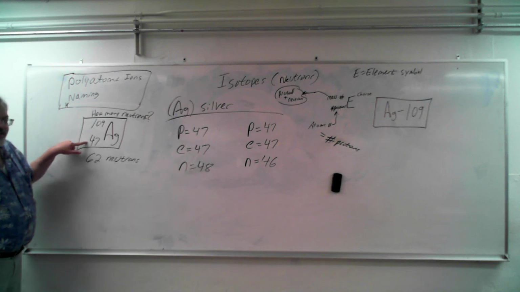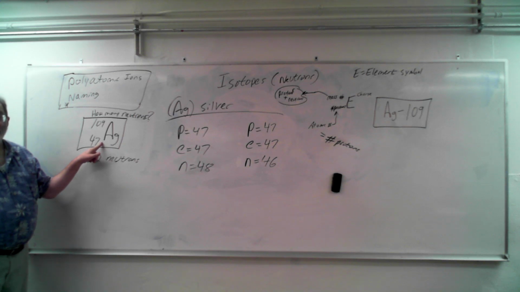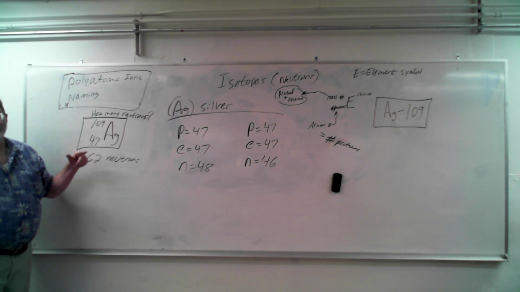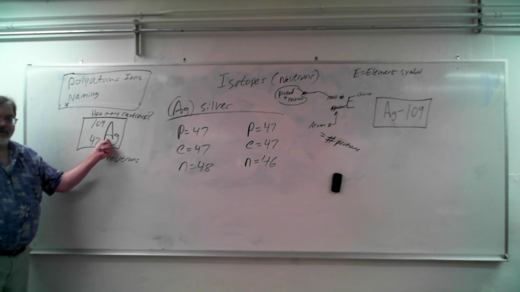So this is kind of a given. Having this, Ag, and 47 together is absolutely redundant. But it's a convention. You still see symbols written like this. But if you look at the periodic table, 47 protons means Ag. You see what I'm saying? So don't let that go over your head.